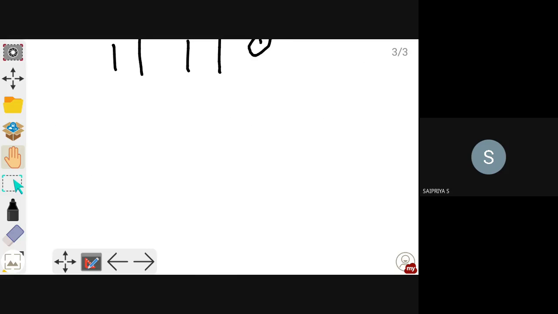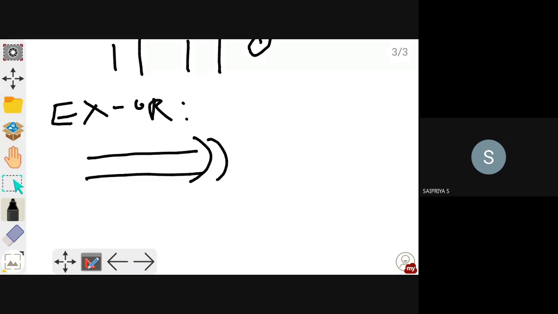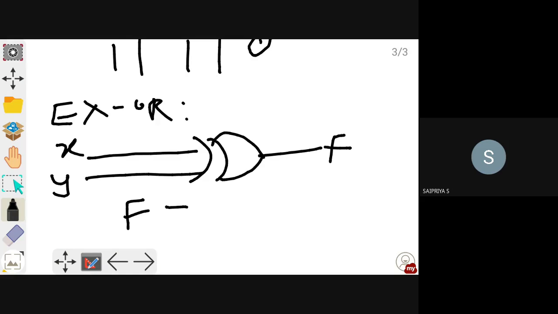So the next gate is the XOR gate. So this is X, this is Y, and output is F, where output is equal to X bar Y plus Y bar X. That is, only one value should be 1 here.